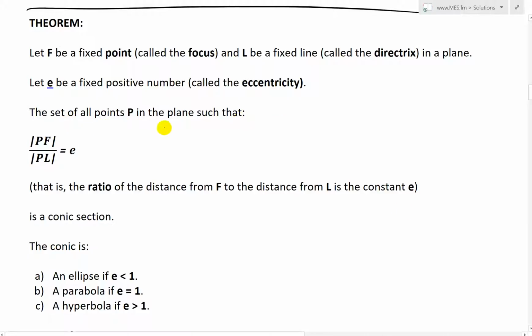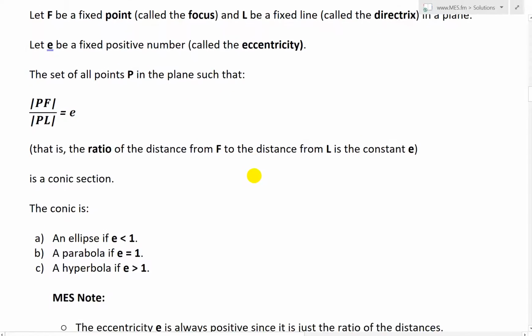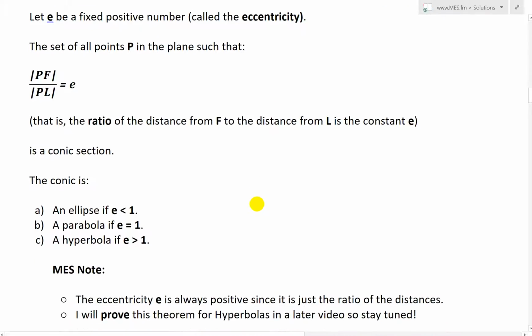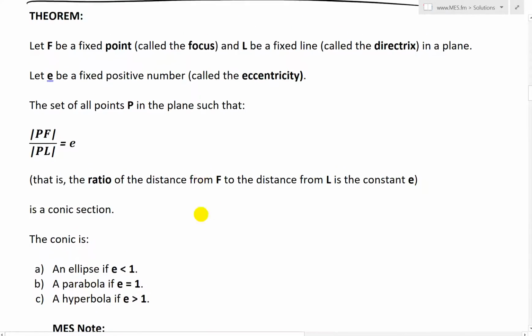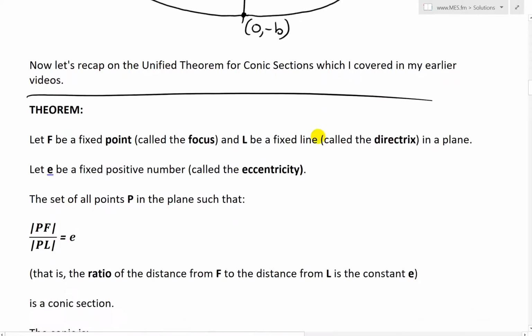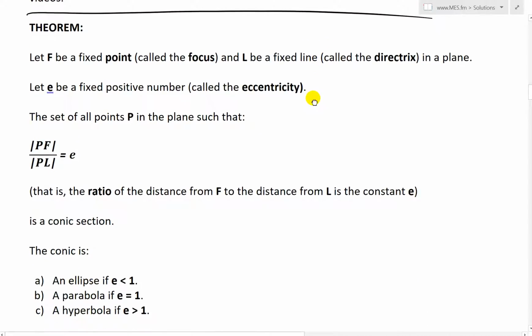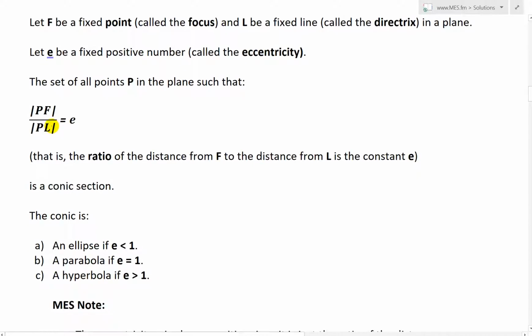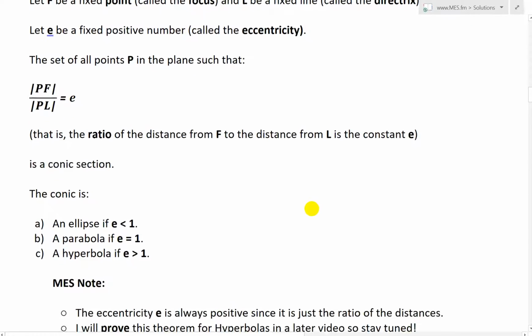The set of all points P in the plane such that the distance PF divided by PL equals e, that is, the ratio of the distance from F to the distance from L is the constant e. So instead of just dealing with the summation being constant here, we look at the distance from one focus to the conic divided by the distance to a fixed line called the directrix.